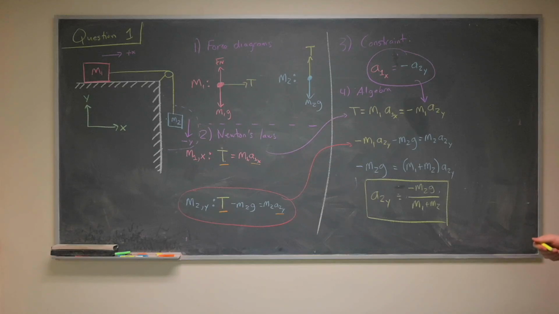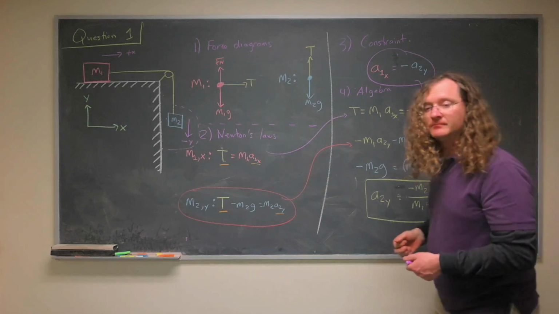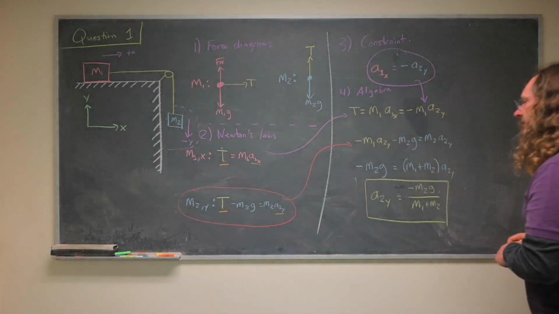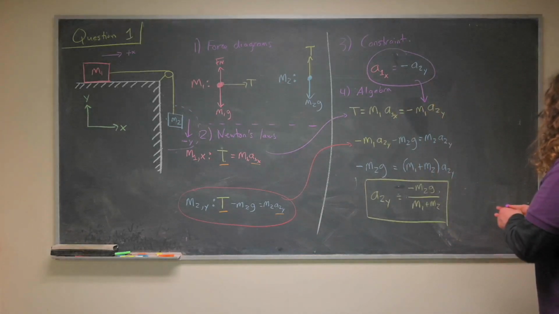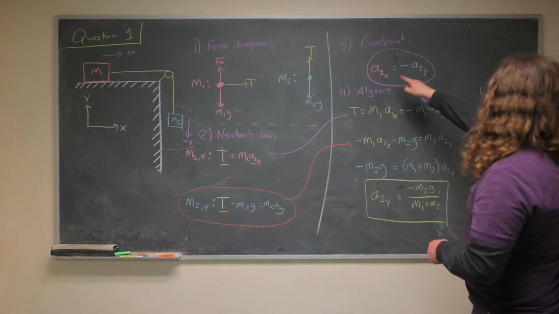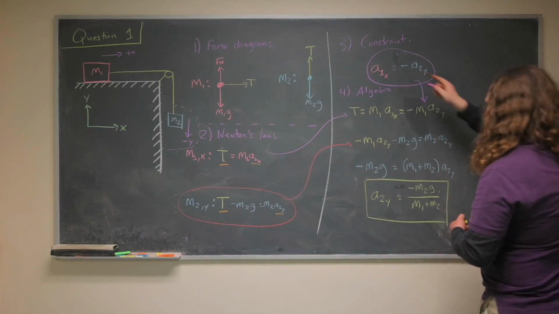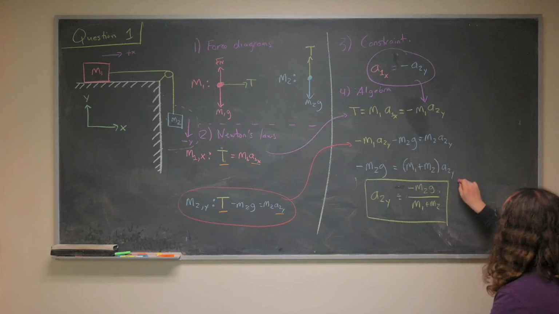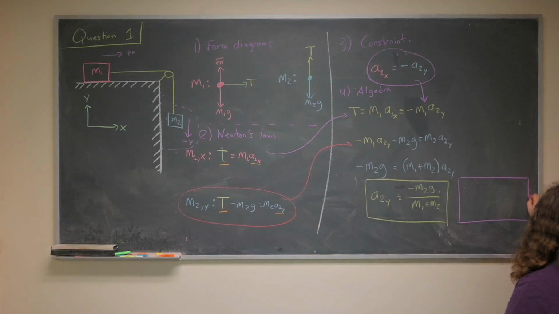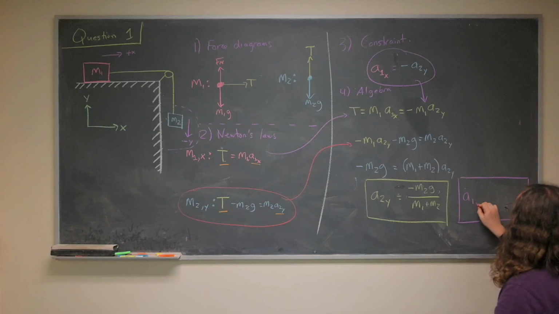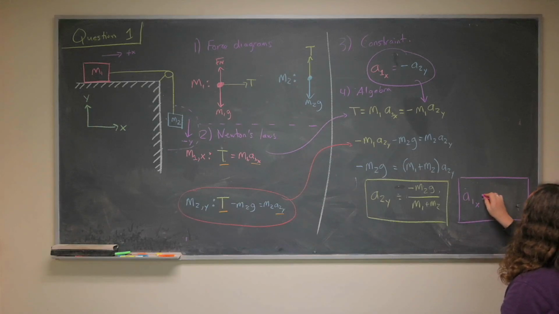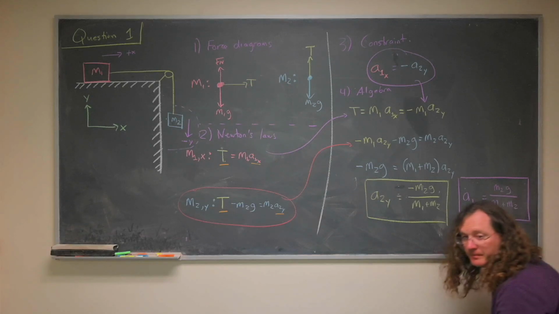So I found a2y. And if we want a1x, well, that's just this without the minus sign. a1x equals m2g over m1 plus m2.